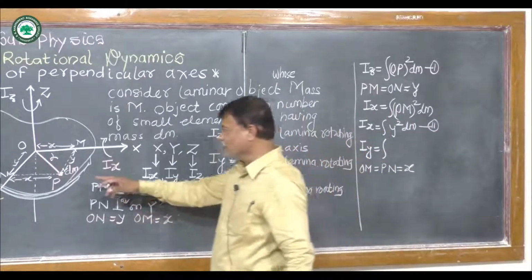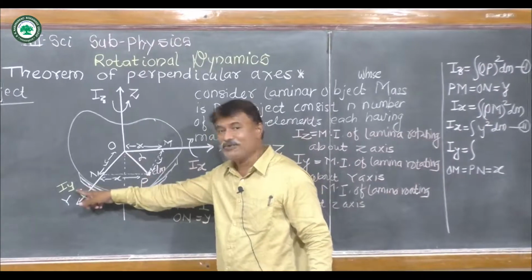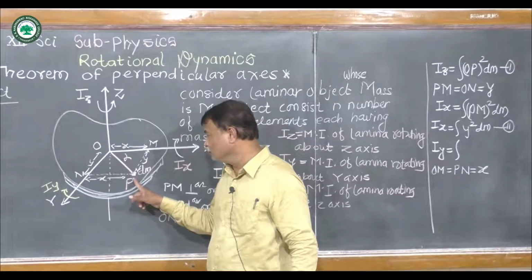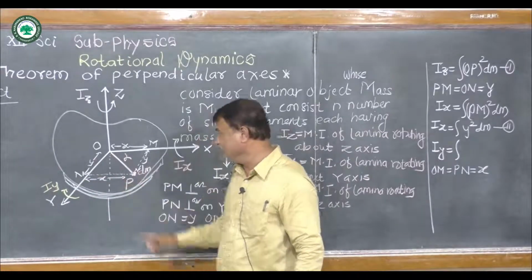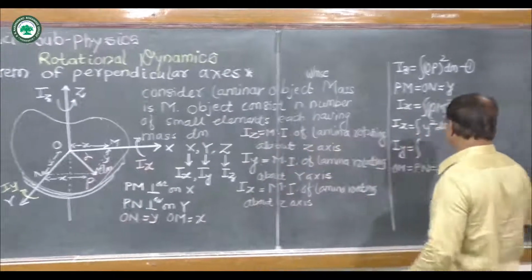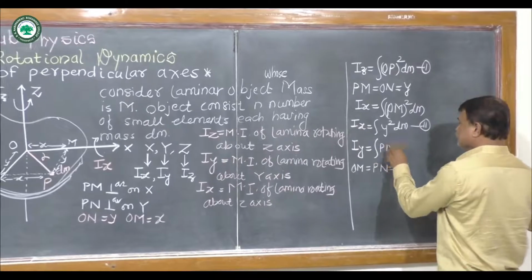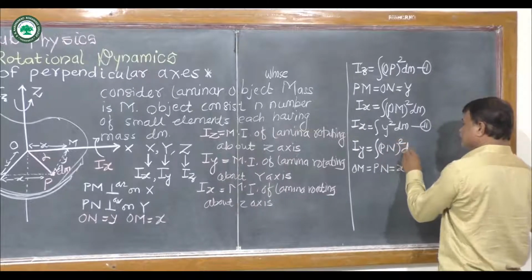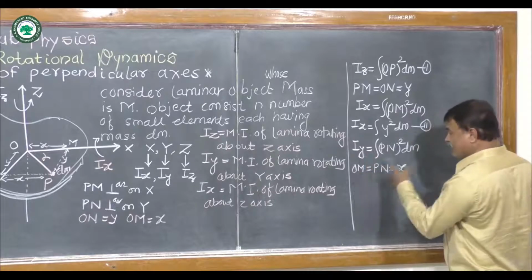So according to this, the moment of inertia Iy is equal to the square of the distance Pn square into dm. But we know that Pn is equal to OM having magnitude x.